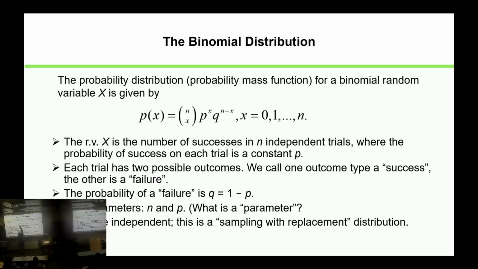So what this does is it counts the number of ways you can get X successes in N trials. One way to phrase that is the number of ways you can permute X successes and N minus X failures in those N trials. It works out all the different arrangements of X successes and N minus X failures, which are distinct. They all have the same probability, so we can just multiply.